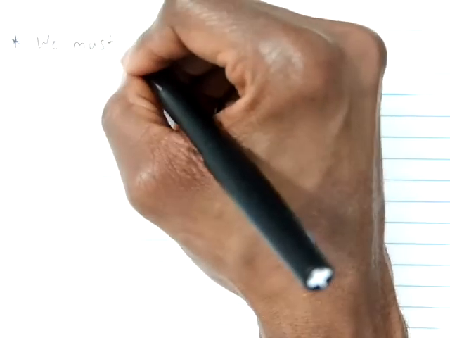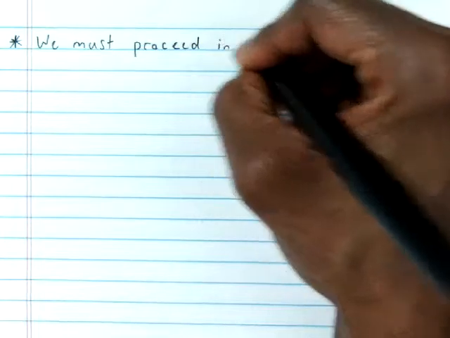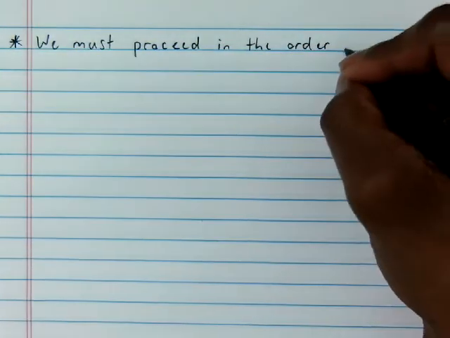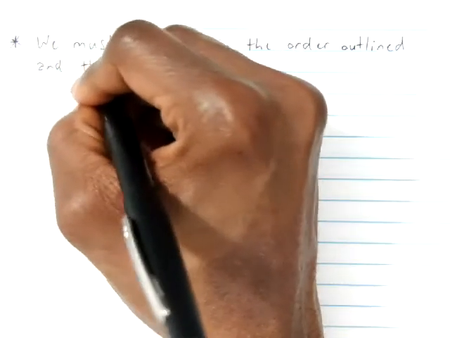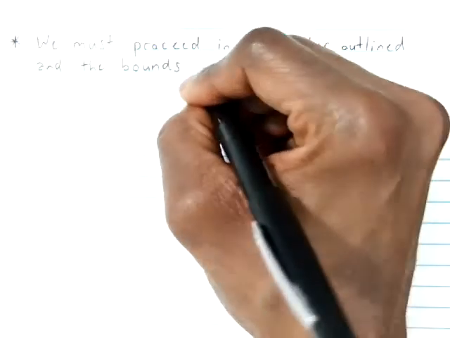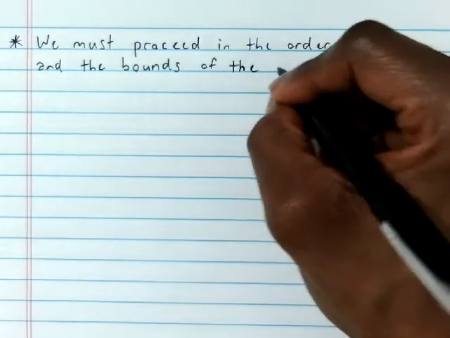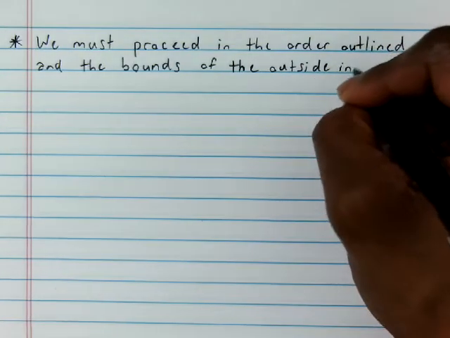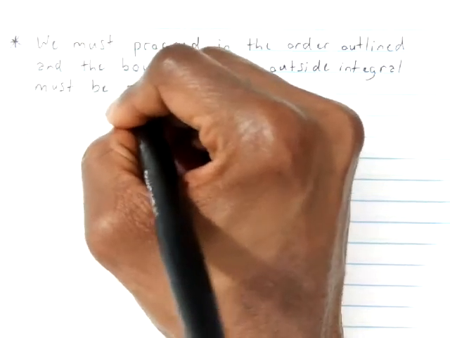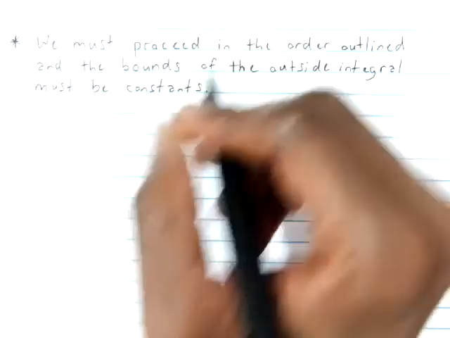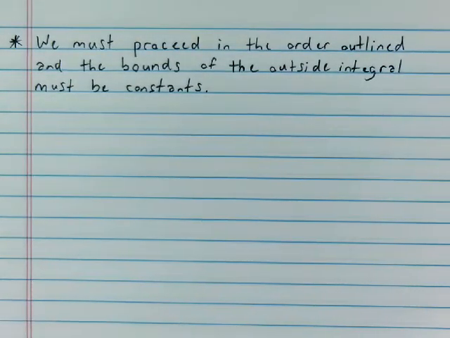So first one, and we'll put asterisks next to these: we must proceed in the order outlined and the bounds of the outside integral must be constants. So this is like a definite integral from calculus 1. Like you should end up with a number at the very end.